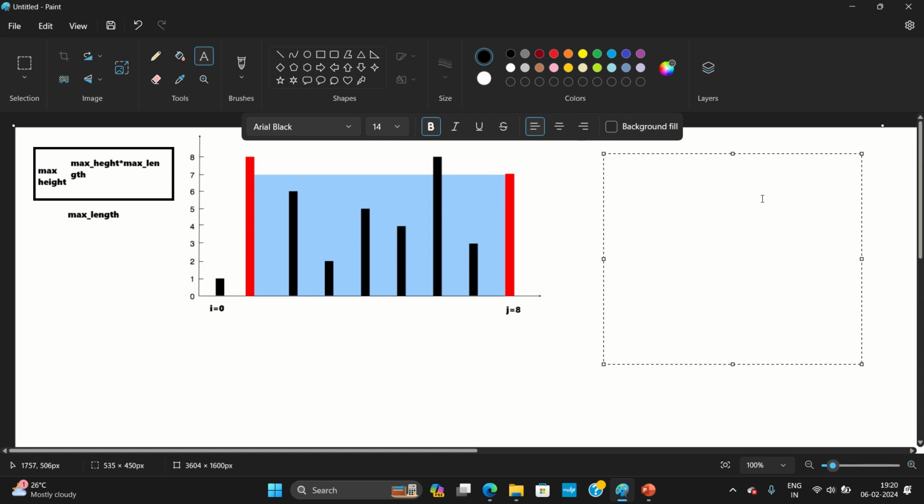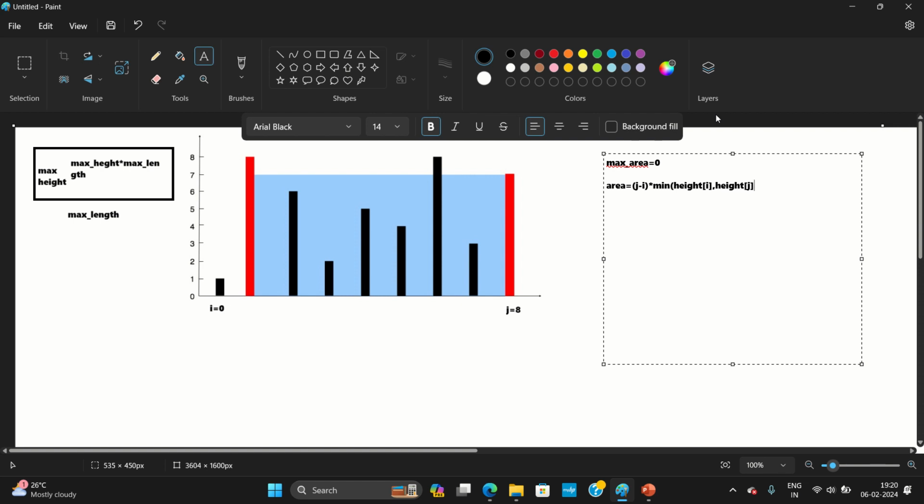So now let us take a variable, same as previous, max area equal to 0 initially, and area will be j minus i into minimum of height of i, comma height of j.